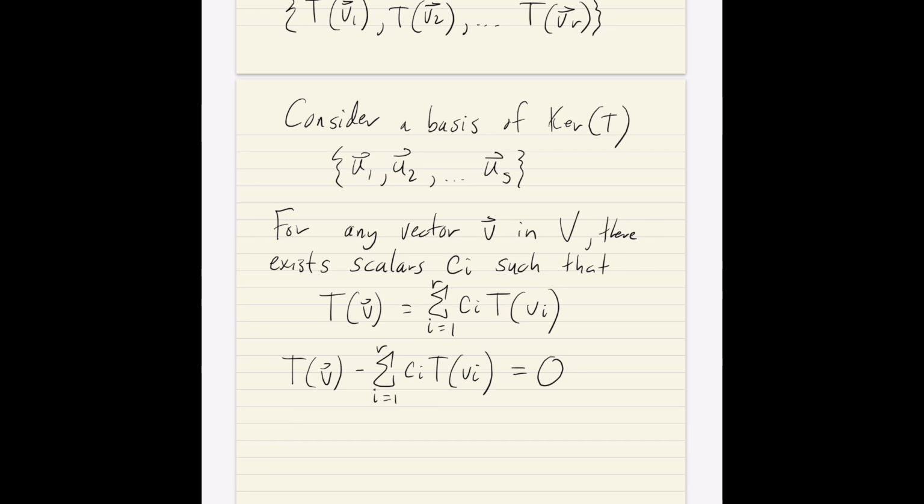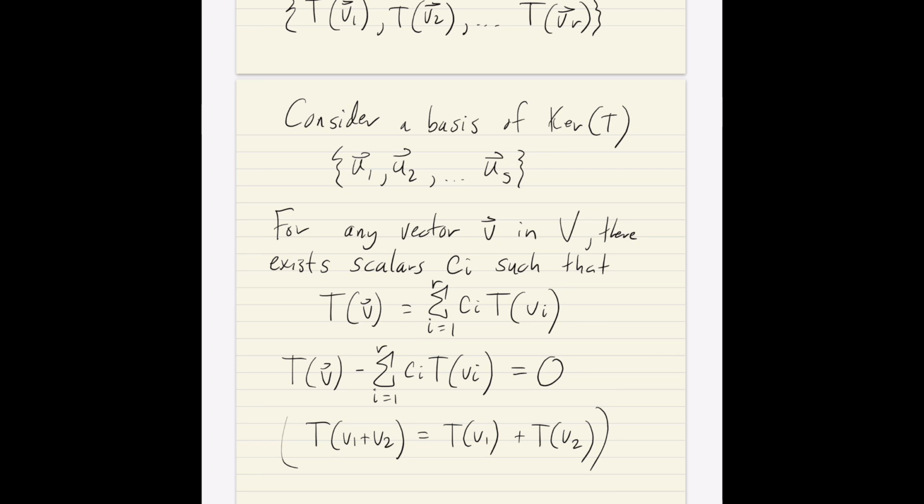And then we can use the property about linear transformations. T of v1 plus v2: if we add two vectors inside the linear transformation and then do the transformation, that is equal to the transformation of each vector added together, T of v1 plus T of v2.